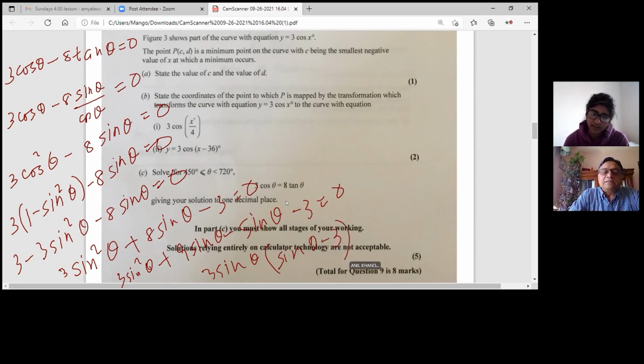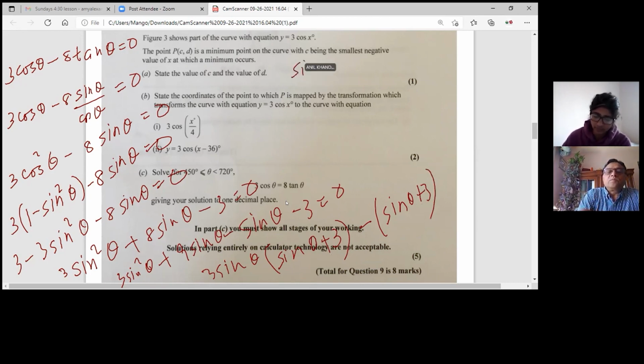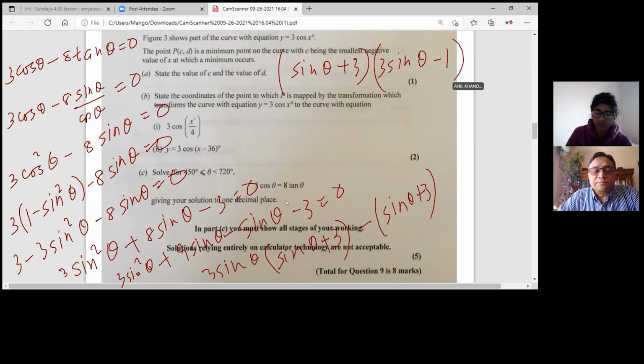And you get minus sine theta plus 3, and sine theta plus 3, correct? So we get sine theta plus 3 times 3 sine theta minus 1. Just check. Is it correct?